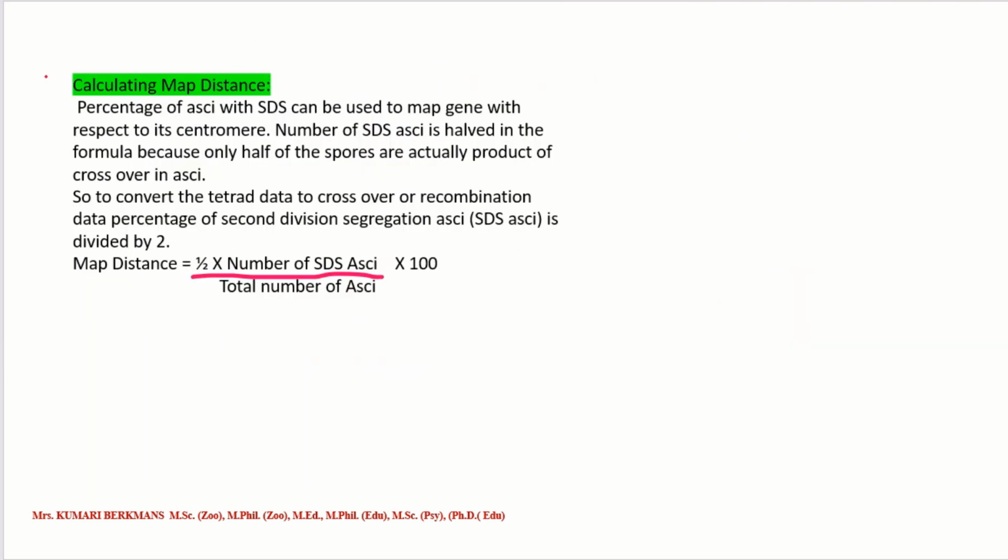Next one, calculating map distance. How to calculate the map distance? To convert the tetrad data to crossover or recombination data, the percentage of second division segregation assay is divided by 2. That is, map distance is equal to half into number of SDS assay divided by total number of assay into 100.